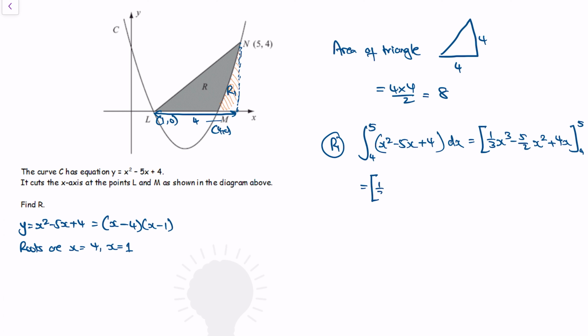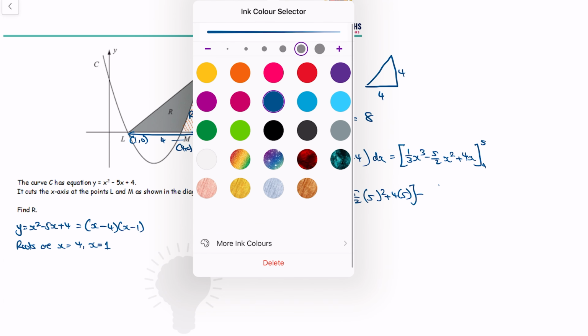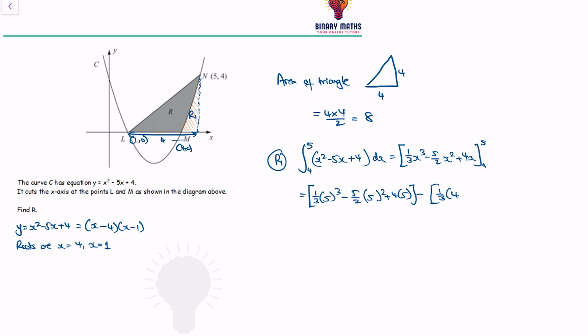So I substitute in 5 first, minus 5 over 2 times 5 squared plus 4 times 5, subtracted from a third times 4 cubed minus 5 over 2 times 4 squared plus 4 times 4. When I substitute into my calculator, I get negative 5 over 6 for the first term, subtracted from negative 8 over 3, which gives me 11 over 6.